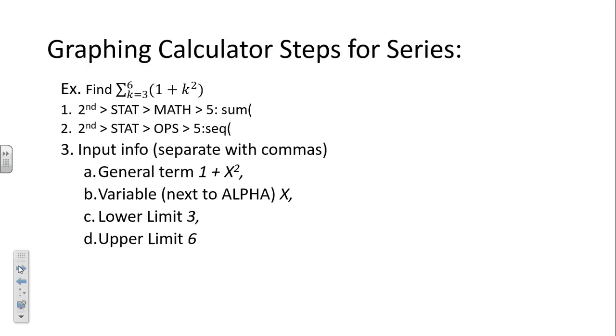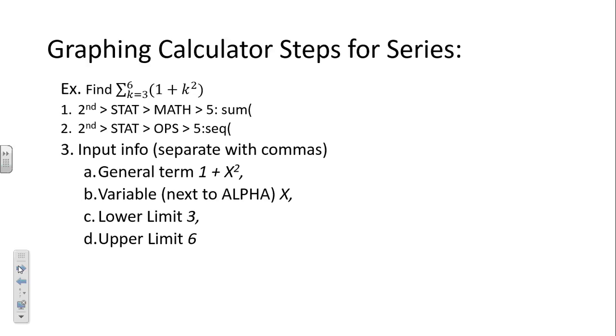So second stat, over to math, down to sum. And it wants to know, what are you summing up? We have to go to second stat, and we go over to ops for operations, and we want to sequence number 5.